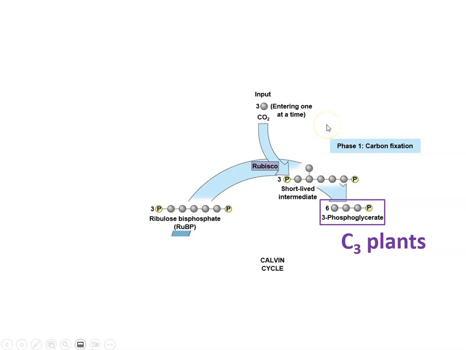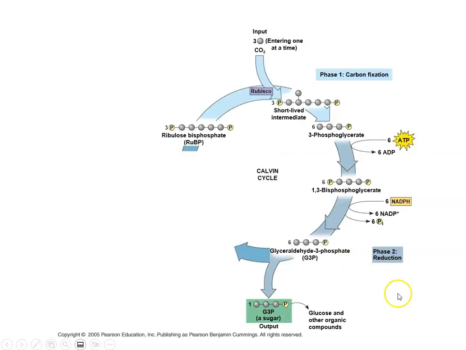Now let's get to the next phase, reduction. Recall from when we talked about redox reactions, reduction is gain of electrons. So where are those electrons coming from? Well, NADPH is our electron carrier from the light-dependent reactions, bringing those electrons to the intermediary between 3-phosphoglycerate and ultimately the output sugar, glyceraldehyde 3-phosphate, or G3P.